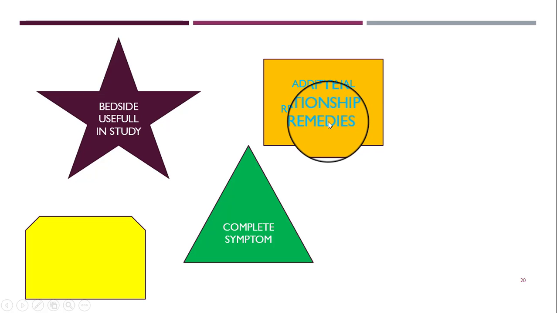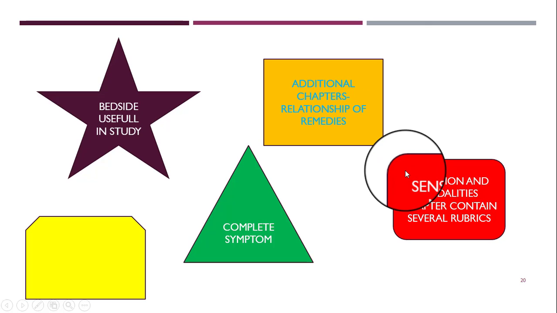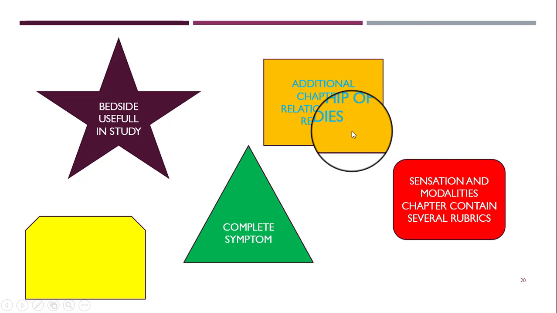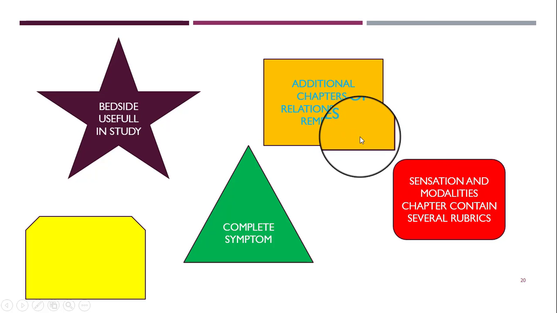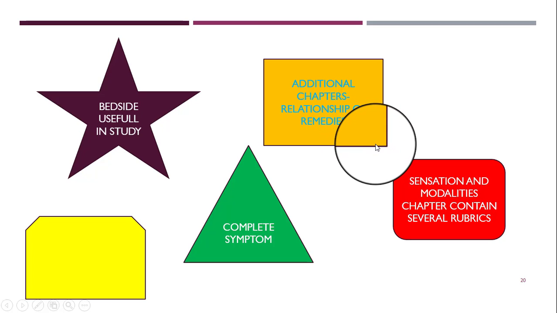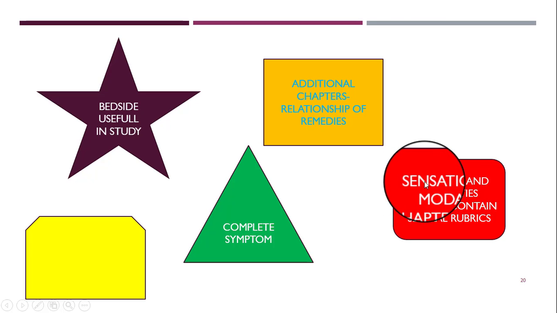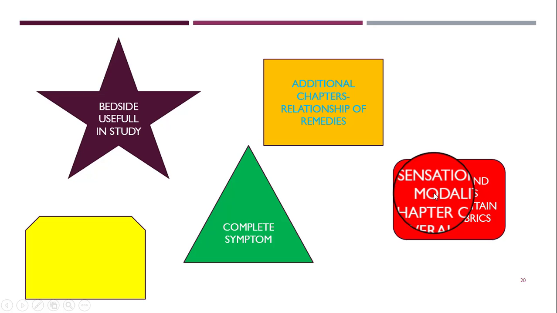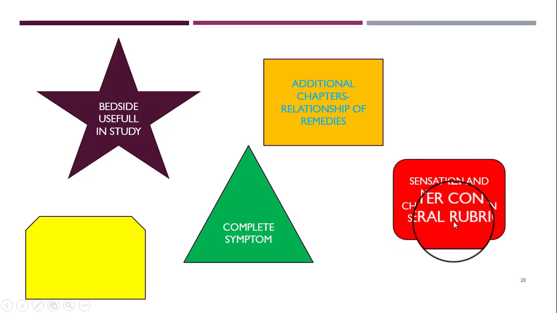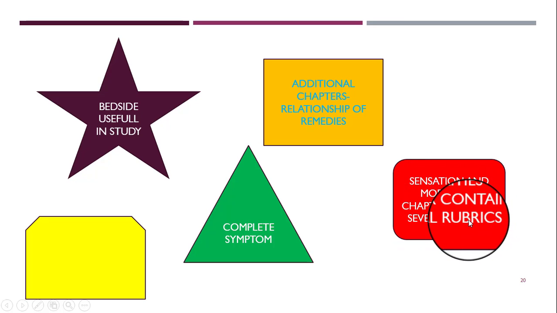Next, information included in the therapeutic pocket book is derived from Dr. Christian Frederick Hahnemann's work as well as from his contemporary, that is Dr. H.A. Robert. Next, sensations and the modalities chapters contain several useful rubrics which can be related to various parts as well as a whole person.